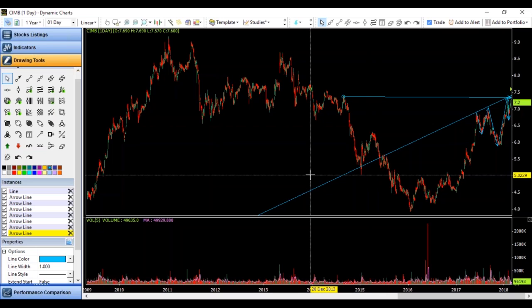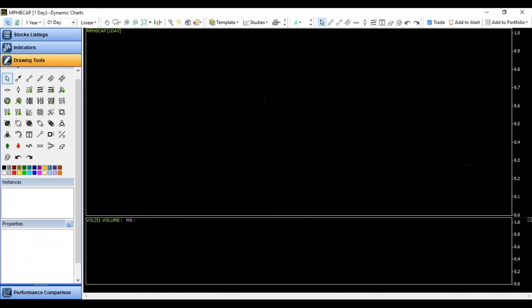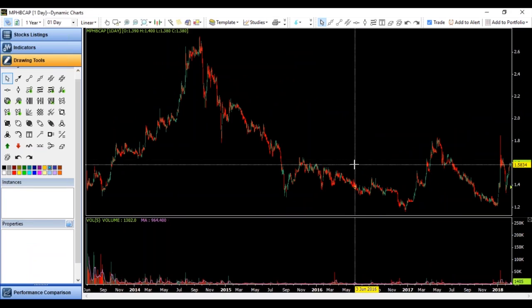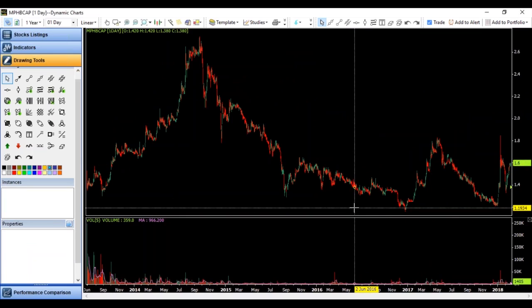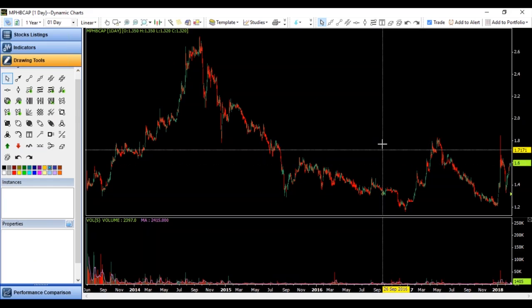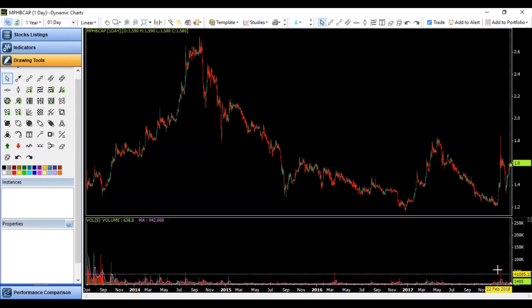The breakout is yet to come, but we are seeing a lot of nice volume over here, which is one of the basic criteria. Volume has been dry, suddenly it went up in MPHB Cap, and prima facie it should come up to these levels, and then we'll be able to take a better call on this.